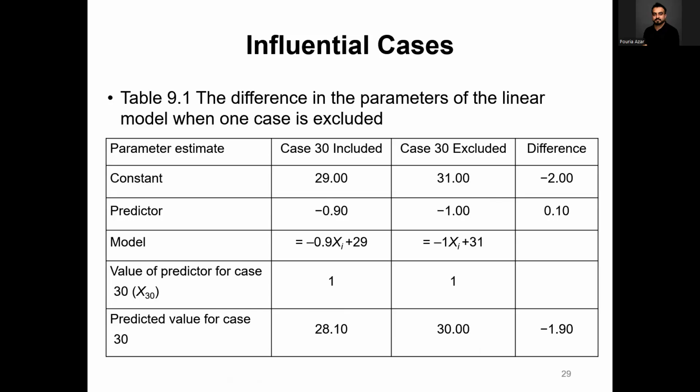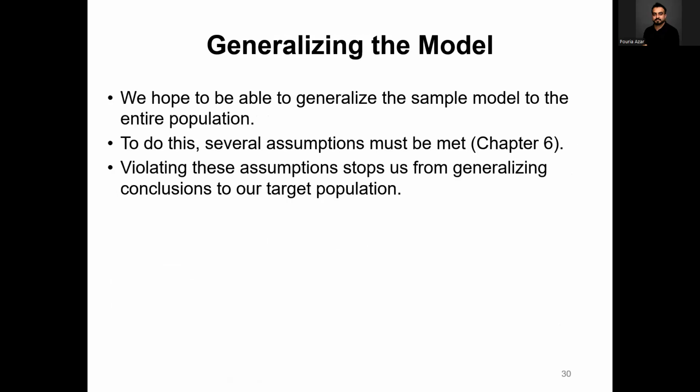In one condition, case 30 is included in the model, and in condition number two, case 30 is excluded from the model. We can see that by including or excluding case number 30, there is a change in the linear model. So this table indicates the importance of diagnosing influential cases or outliers.